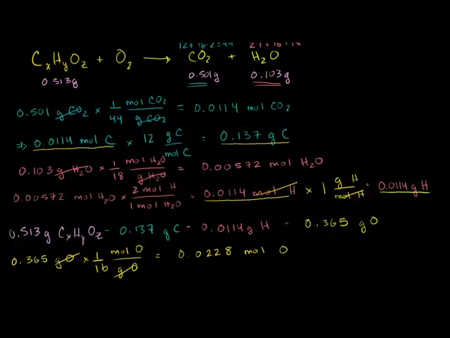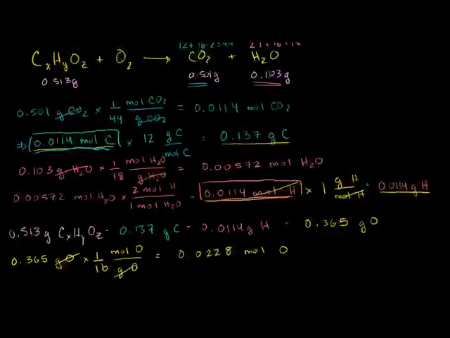We've now been able to solve the moles of carbon in our original reactant, because all of this carbon had to come from here. We have our moles of hydrogen. We were able to figure out from this information, because all of the hydrogen had to come from here. And now we know the moles of oxygen in our original reactant, because the leftover out of this 0.513 grams had to be oxygen. So we were able to figure out the moles of oxygen.